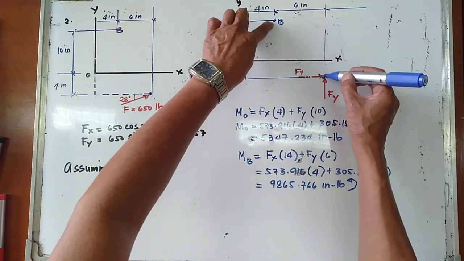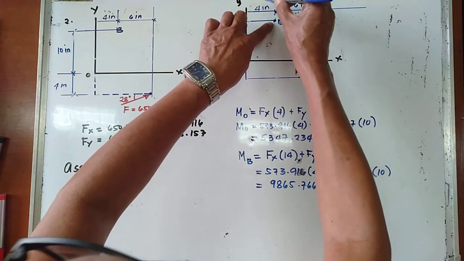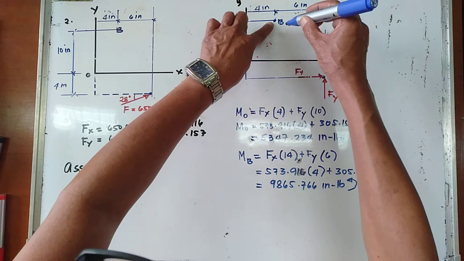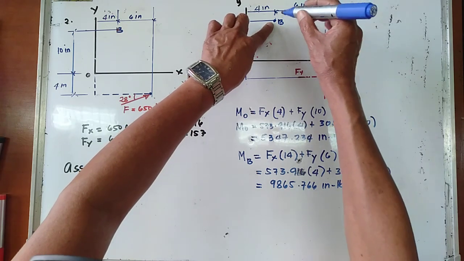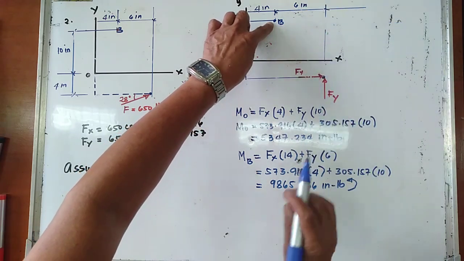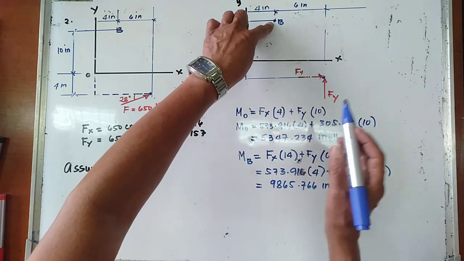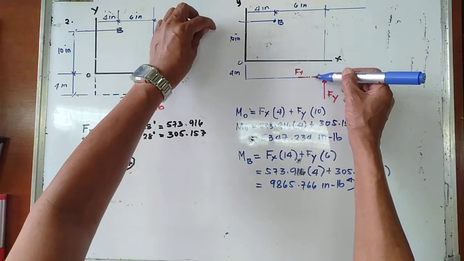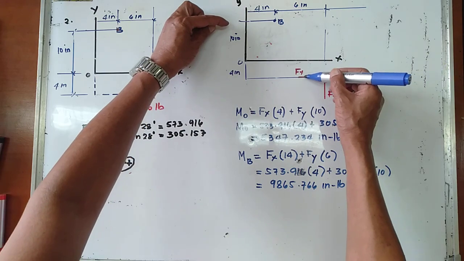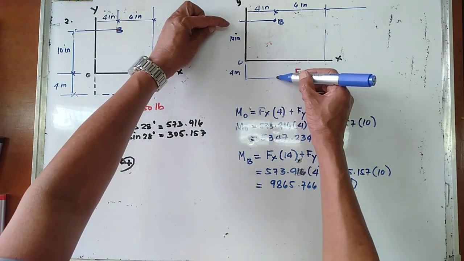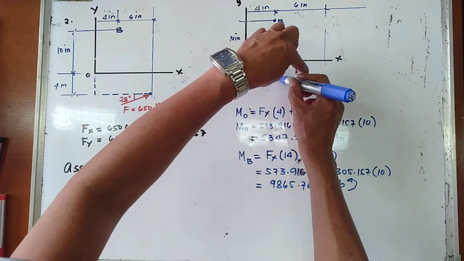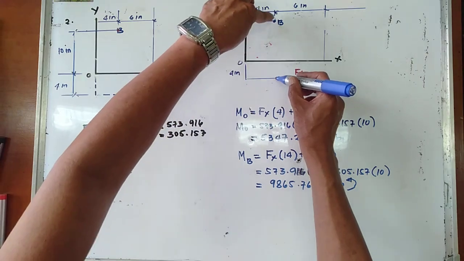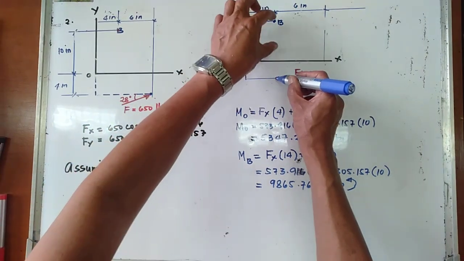Now, the moment of the force F about point B. So your Fx is still going counterclockwise about point B. So we have positive Fx. And the moment arm of Fx about point B, so we have the line of action, the perpendicular distance of the line of action to the moment center is 4 plus 10.